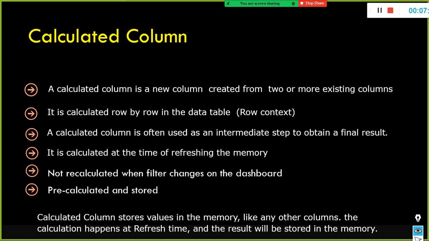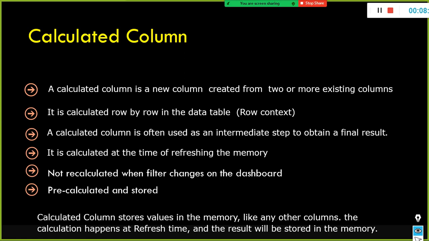So to summarize, a calculated column is a new column, an extension of your existing columns. It is calculated row by row, and we can use it as an intermediary step or a temporary column to perform complex derivations.